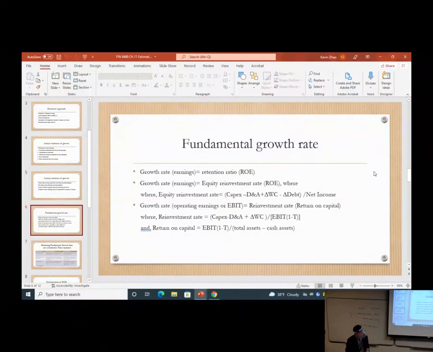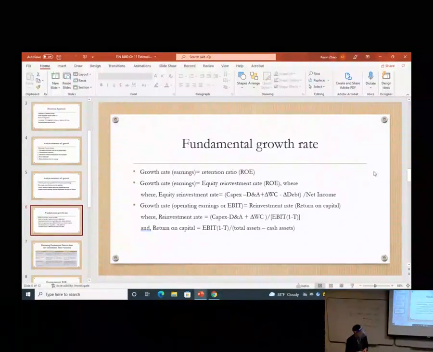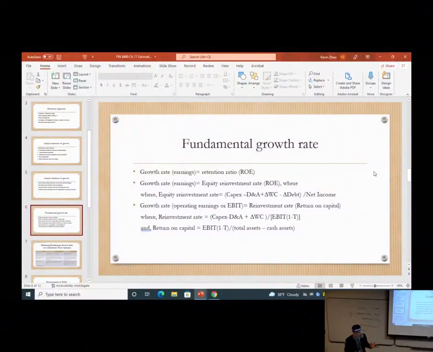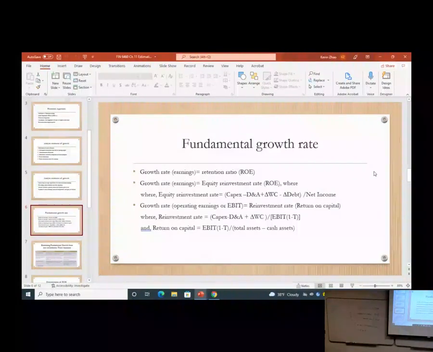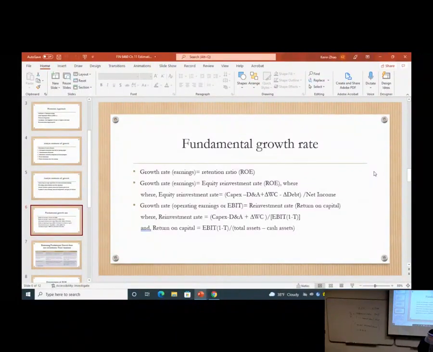In essence, this equation will help you achieve consistency between growth rate and capital expenditure in your spreadsheet. Yes, sometimes it's not. Even for problem solving, sometimes the problem itself is not that reasonable because you don't see that consistency. But since it's given, that's okay. In other problems, you really want to achieve that consistency.